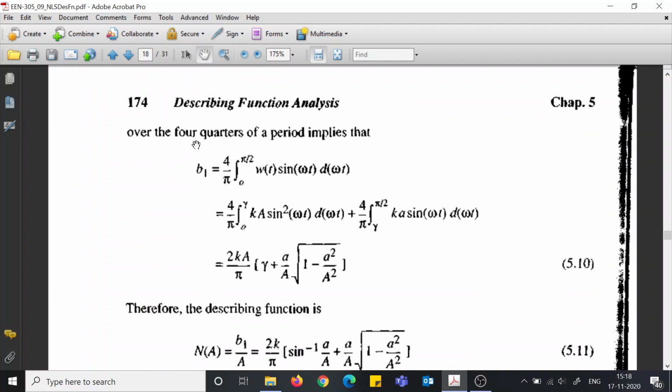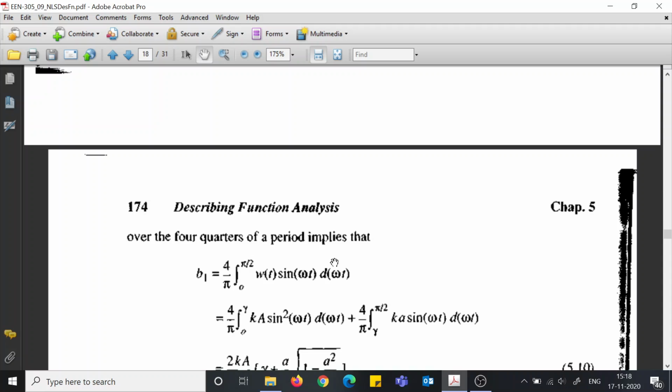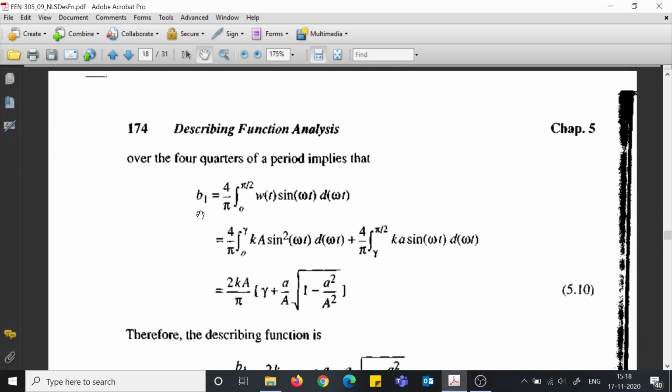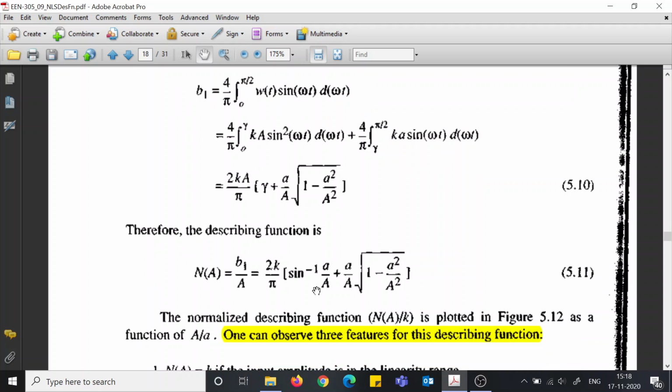You see the symmetry over the four quarters of a period. So b1 is basically 4 by pi, integration from 0 to pi by 2 of wt sin omega t d omega t. From 0 to gamma and from gamma to pi by 2 there are two different functions, and then you evaluate and get this expression.